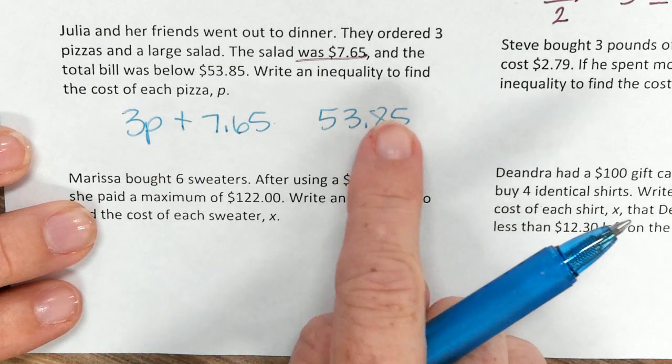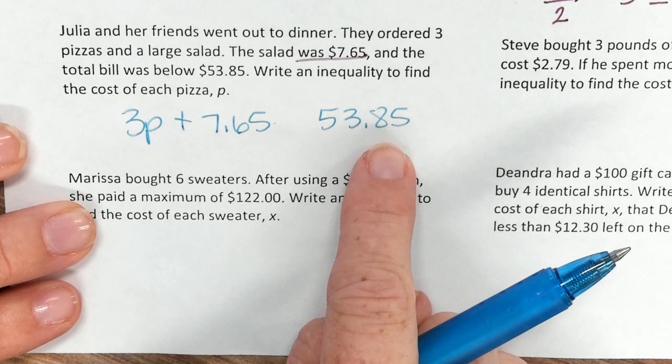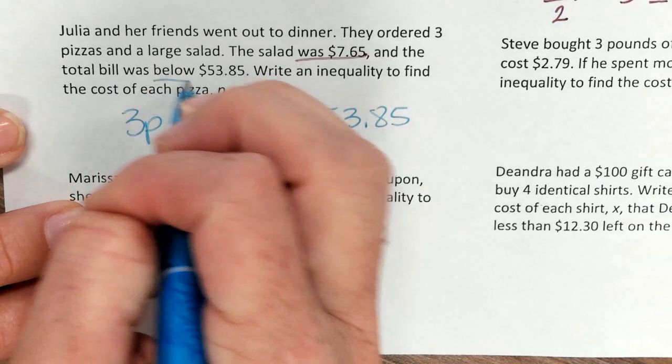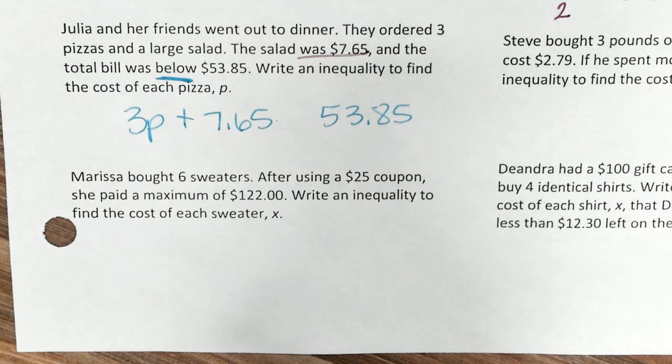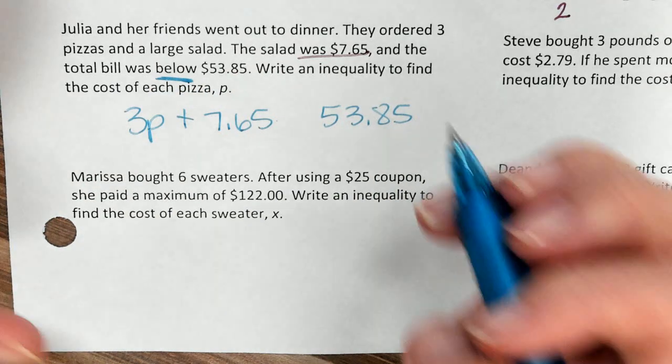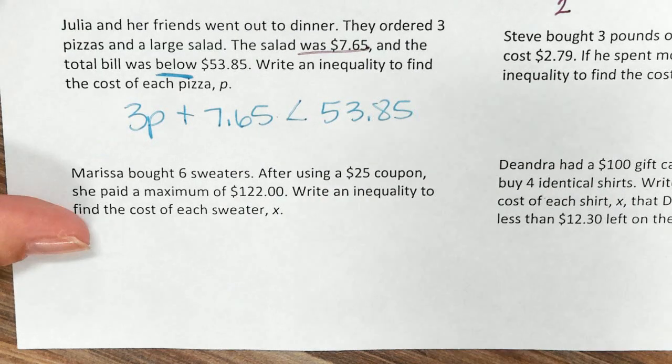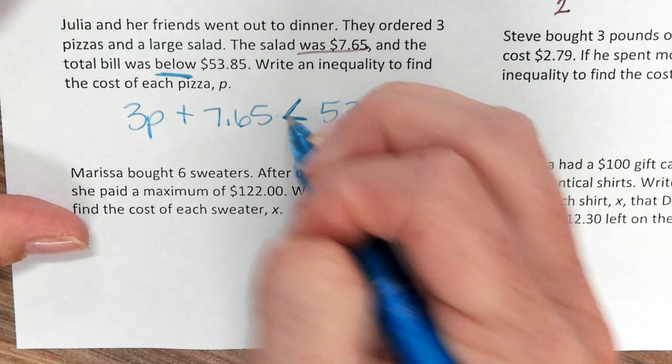Okay, I got this far. But now I need to know if their total bill was below $53.85. Less than. No equal sign because it was below.